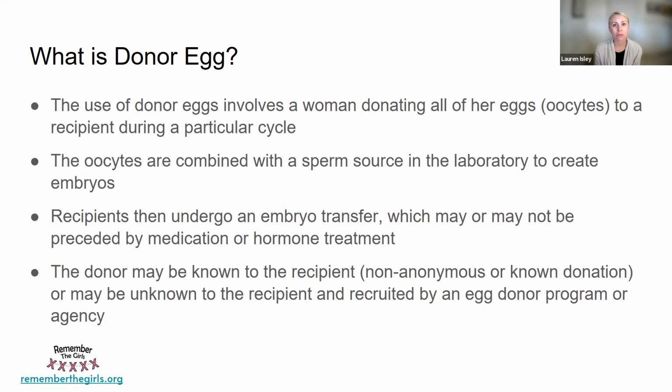And in terms of who that donor is, that donor may be known to the recipient in a non-anonymous or known donation, as it's generally referred to. Or the egg donor may be unknown to the recipient and either recruited by an egg donor program or by an agency.